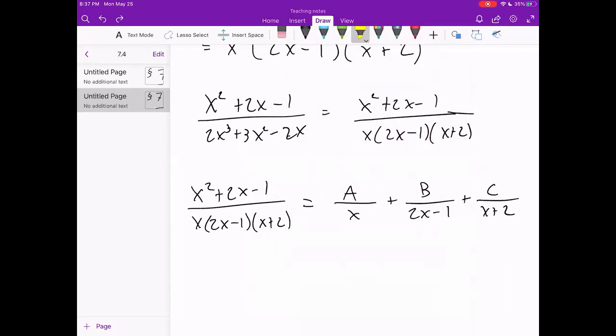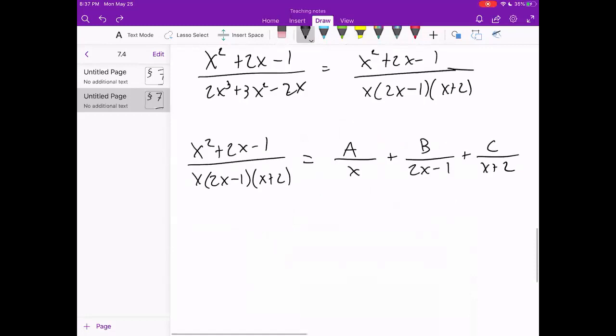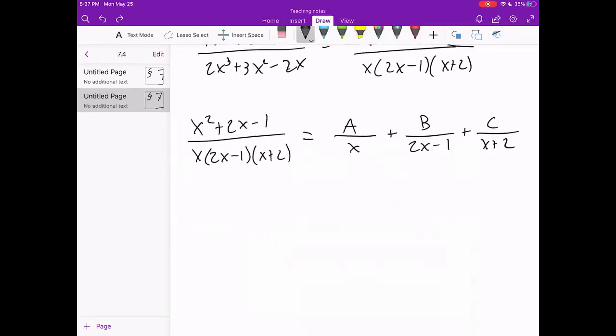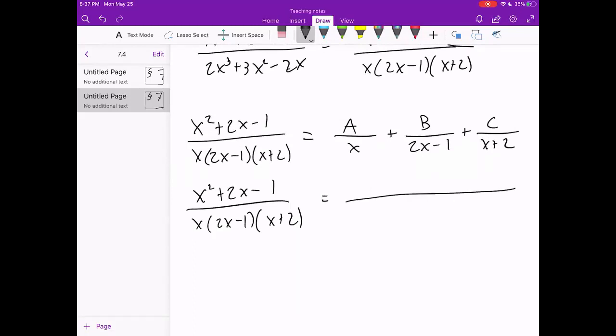So what we're going to do is take the right-hand side and put it all over a common denominator. And what is the common denominator of these three fractions?